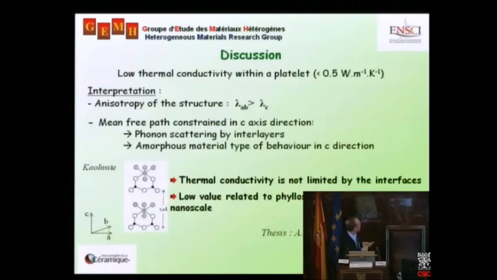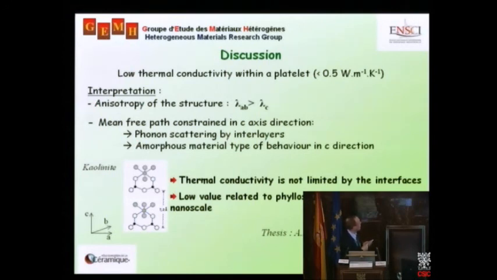Well, the best reason that we can find is, one, it must be a two-dimensional conductor. It's intrinsically a two-directional or layer structure. So we would expect that in the AB planes, the thermal conductivity is higher than along the C-axis.